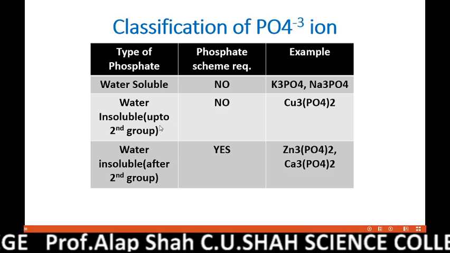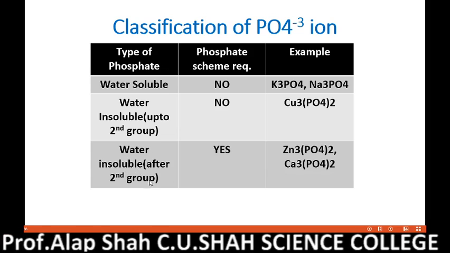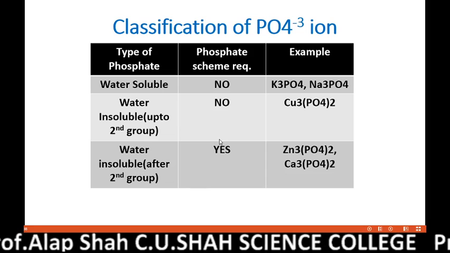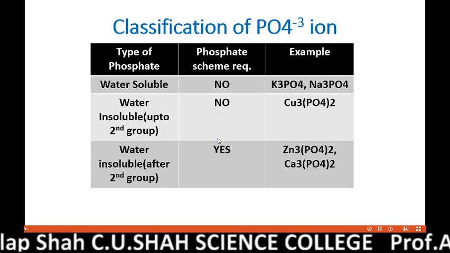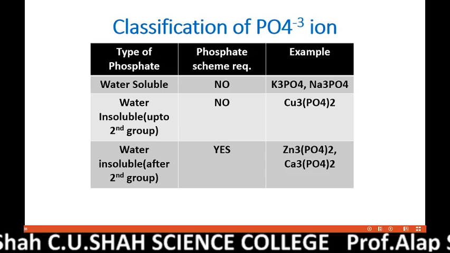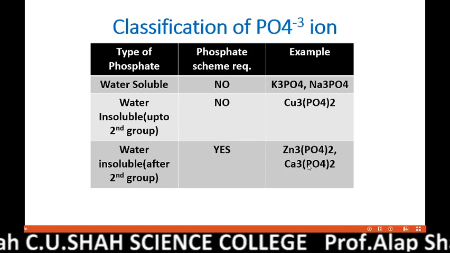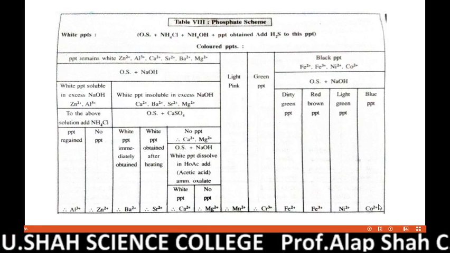Third, water insoluble compound, but after second group, yes, you must identify your positive ion only from the chart which is given for the phosphate scheme. Examples are zinc phosphate, calcium phosphate, actually phosphates of all these ions.